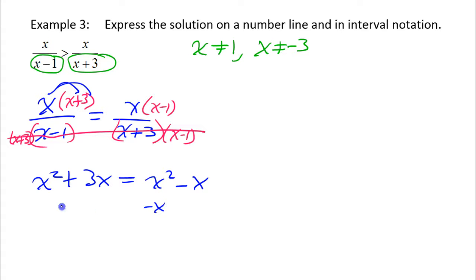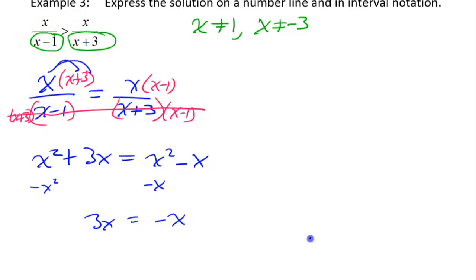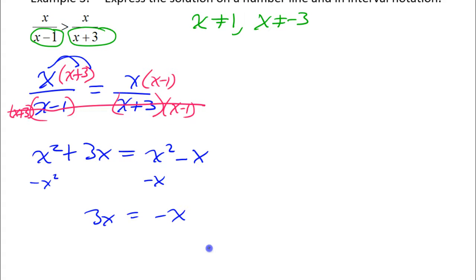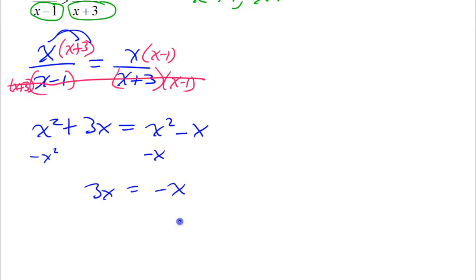Next thing that's going to happen is I'm going to subtract x squared from both sides. Those completely cancel out. So I just have 3x is equal to -x. Do not divide by x, whatever you do. Never ever divide by x, because it might be 0, and now you're dividing by 0, and the universe explodes. So don't do that. Instead, you want to get these together.